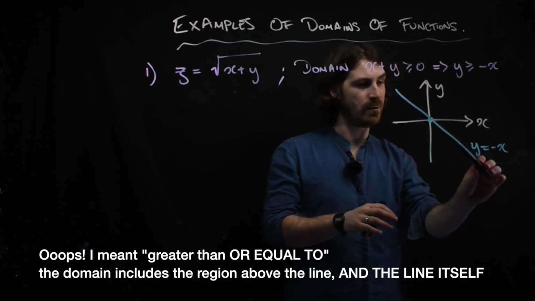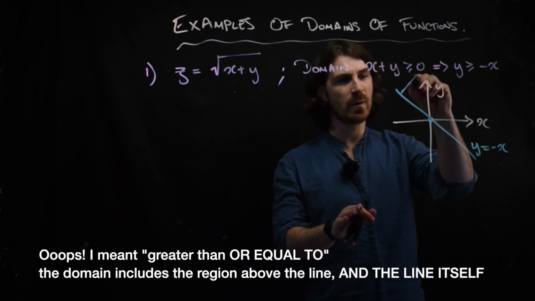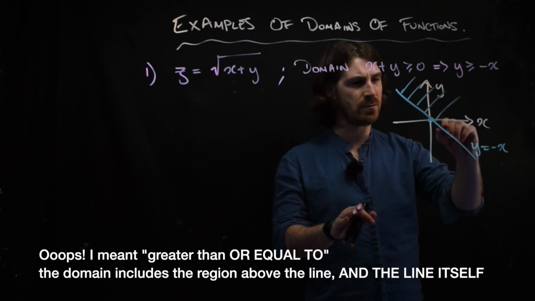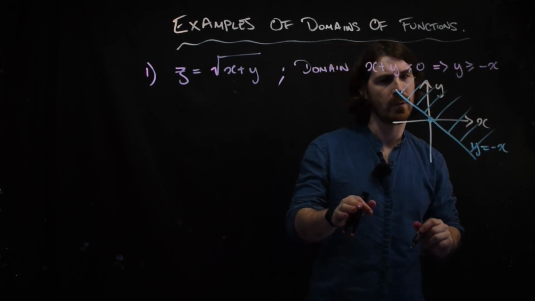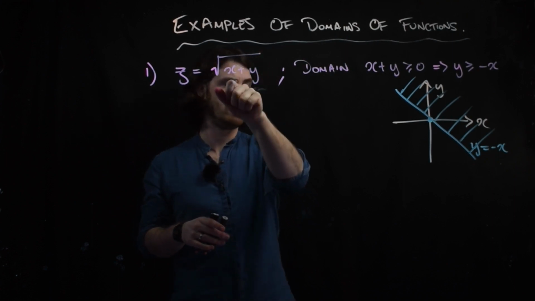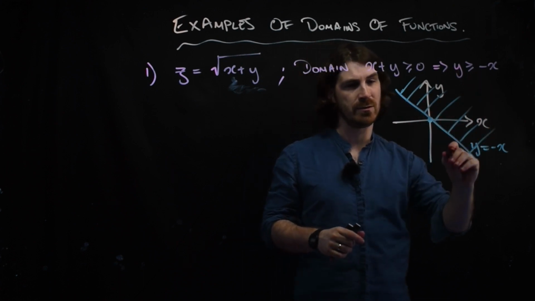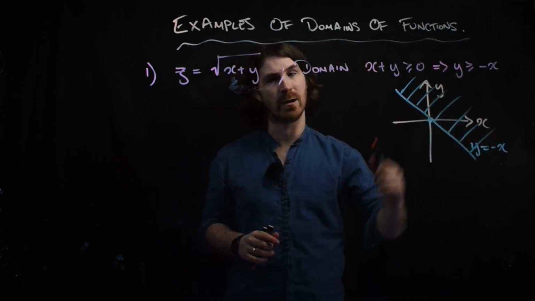So if this is the line y equals minus x, then y greater than that is everything above this line. So it's this region here. This function is only defined in terms of x and y coordinates in this blue shaded region, above the line y equals minus x.